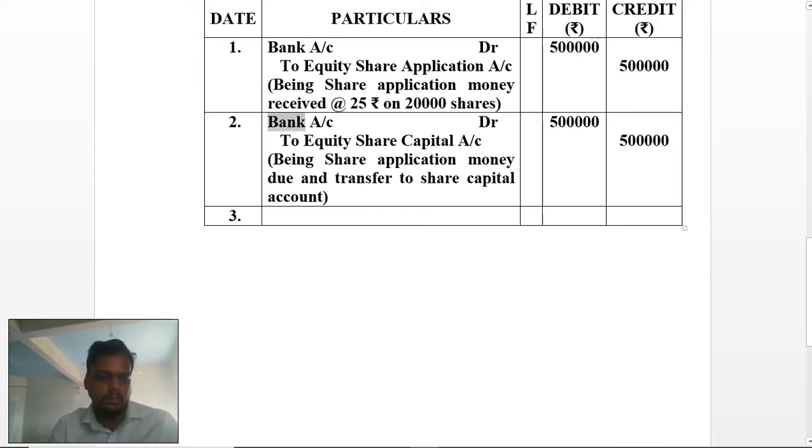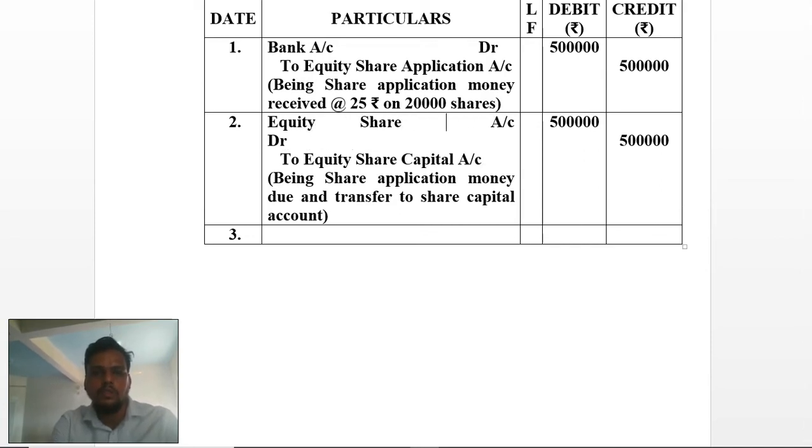Here I will write again equity share application account debit.